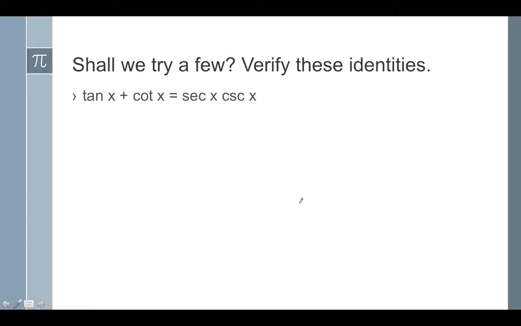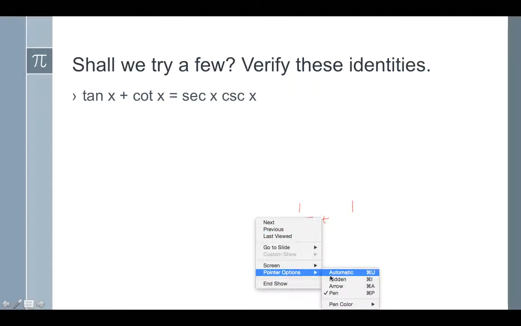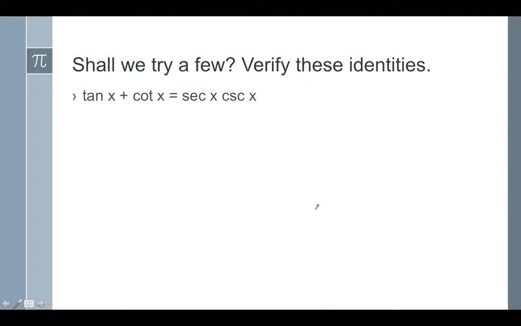Okay, I know where I was at, don't worry. 1 over sine x times 1 over cosine x.